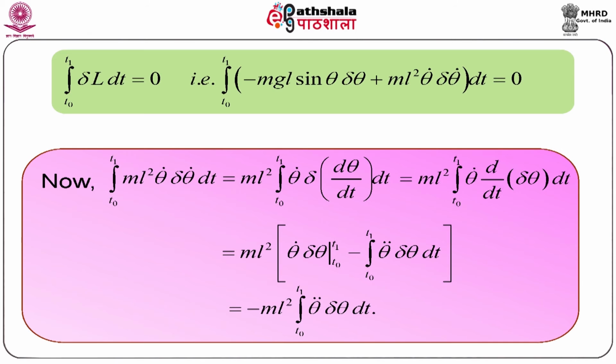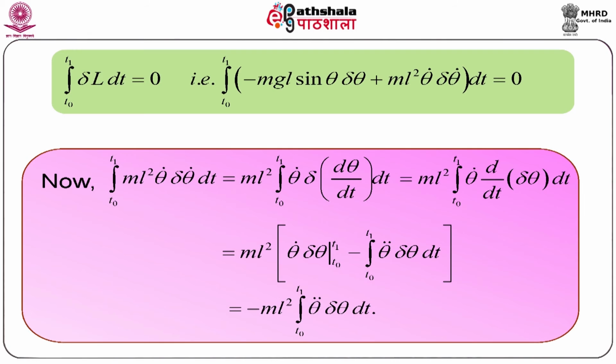Thus, using integration by parts, we have ∫ mL² θ̇ δθ̇ dt = [mL² θ̇ δθ] from t0 to t1 − ∫ mL² θ̈ δθ dt.